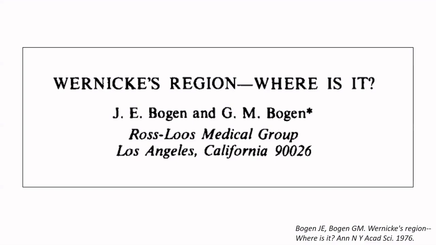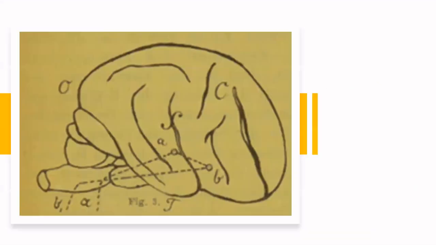So this is from a publication in 1976, and it's titled Wernicke region, where is it? And that was a good question because, as said, Wernicke never really specified where he believed the auditory image center would be located.